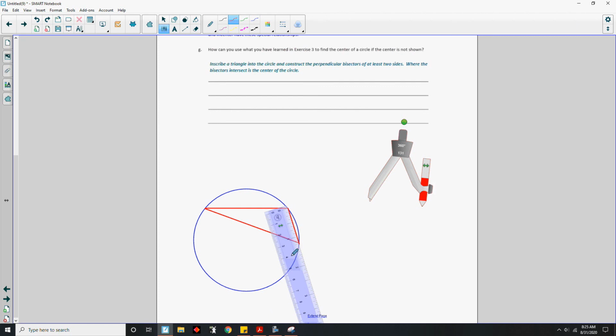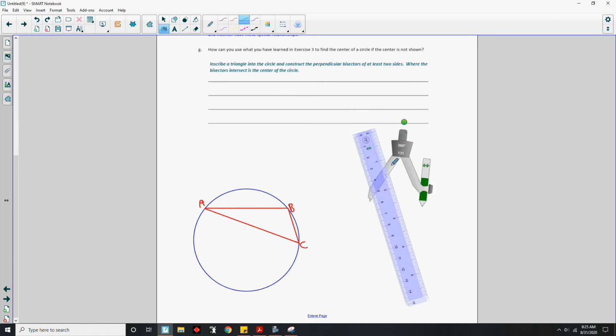Okay, so there is a triangle inscribed in this circle. Here's A, here's B, and here's C. So we inscribe the triangle in the circle. Done. And now construct the perpendicular bisectors of at least two sides.